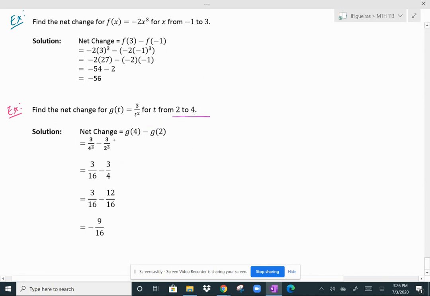That's 3/16 minus 3/4. We need a common denominator of 16, so this one gets multiplied by 4 in the numerator and the denominator. So you get 3/16 minus 12/16, which gives me an answer of -9/16. And that can't be simplified, so that's it.